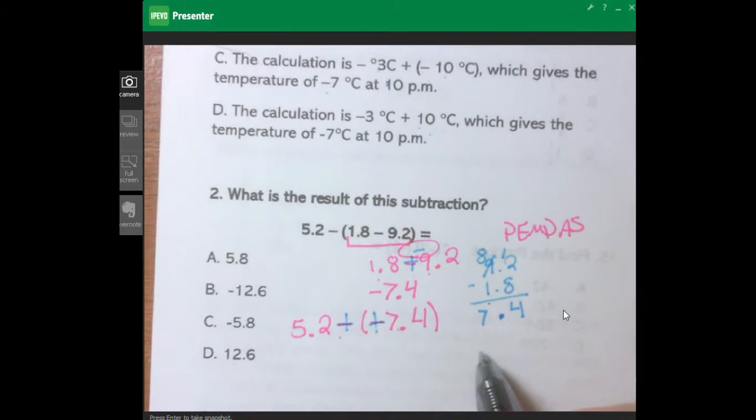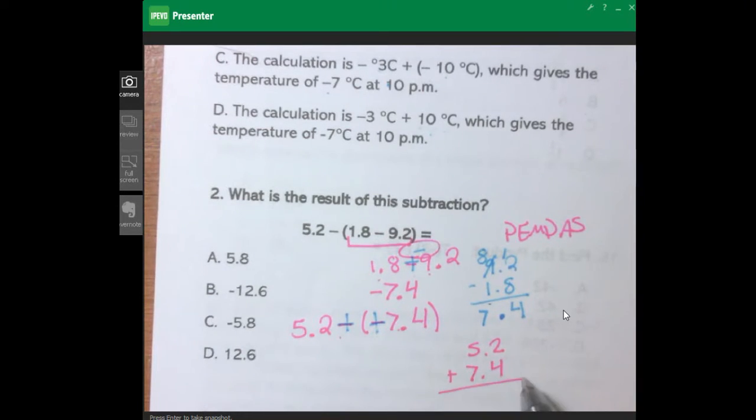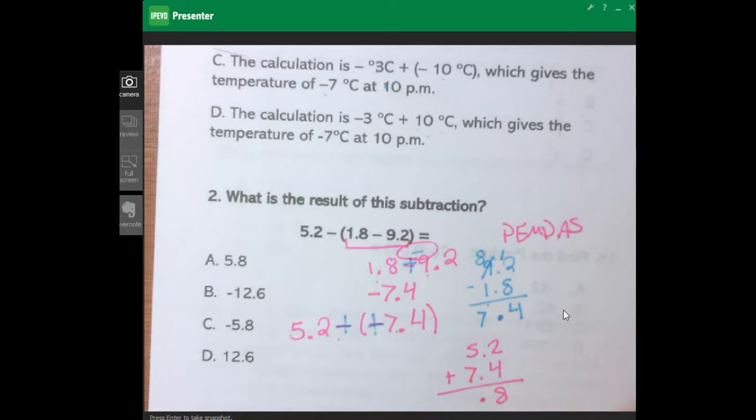So I'm going to go ahead and write this off to the side. 5.2 plus 7.4. I'll bring my decimal down so I don't forget about it. 4 plus 2 is 8, and 7 and 5 is 12. So we get 12.8. Nope, that should be 12.6.